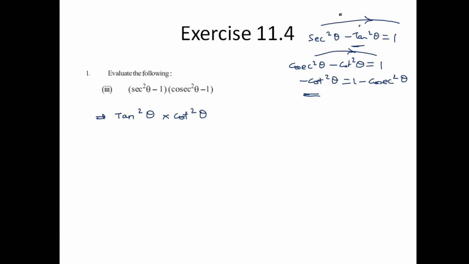That's the reason I wrote over there tan square theta. Okay. So let's look at this one here. This is taken as tan square theta into, this can be written as 1 by tan square theta, isn't it? So as you know, this one and this one directly cancel out. So the left out answer is only 1 over here.